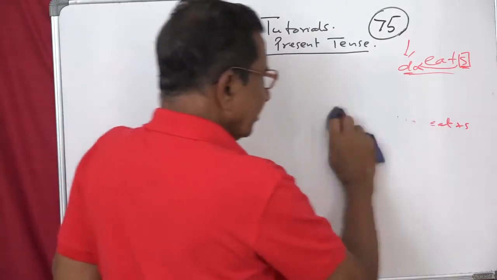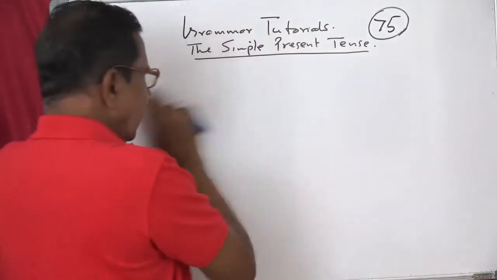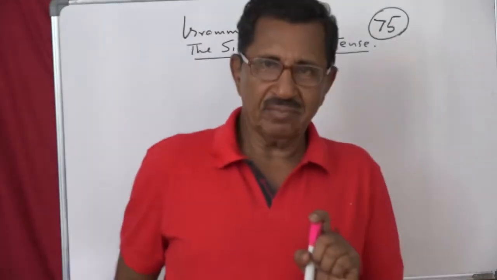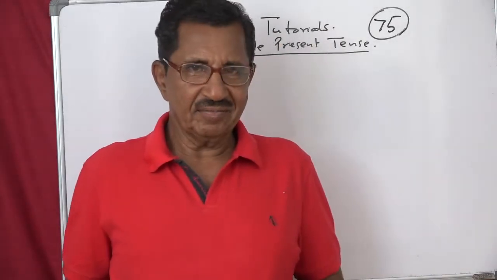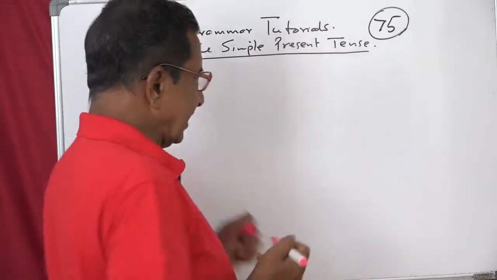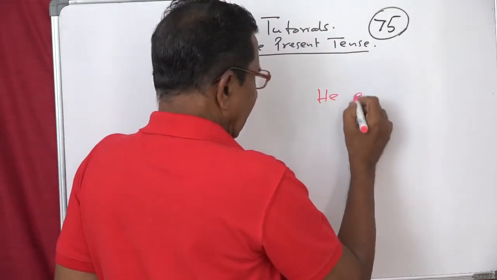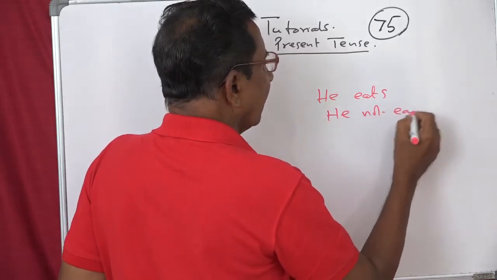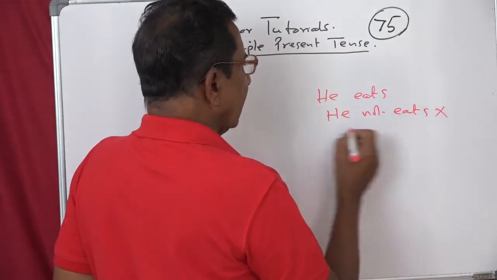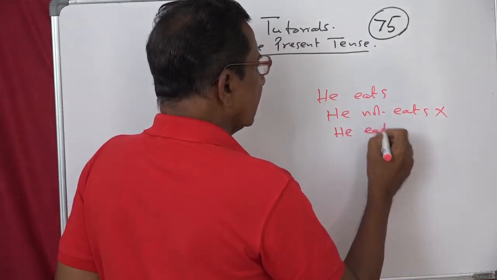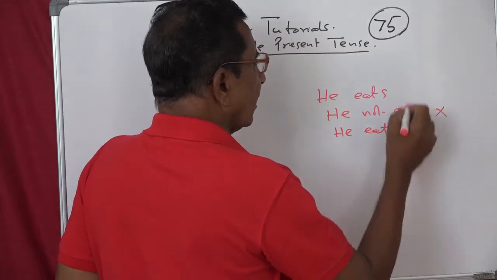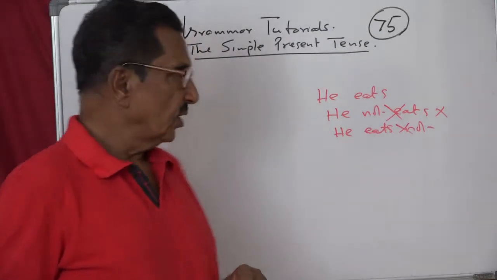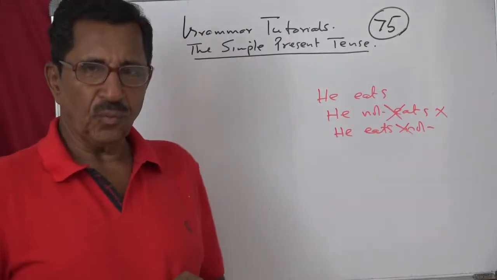See, this case, once again, a single member verb, you cannot do anything. Single member verb. He eats. You cannot write he not eats. Or you also cannot write he eats not. These are not possibilities in English. So what will you do? You have to take the help of do.